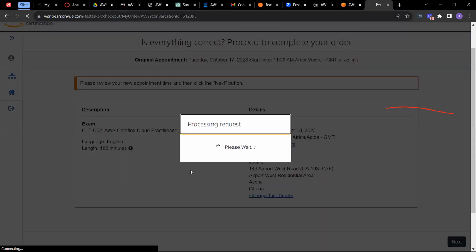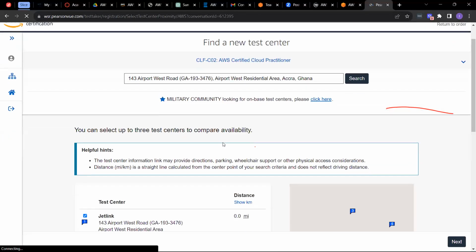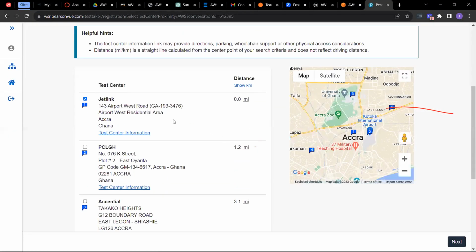I go open the test center, then you go see. Yeah. You see that. Oh yeah, in fact, you see here, PCLGH. See, Essential, the one at East Legon.